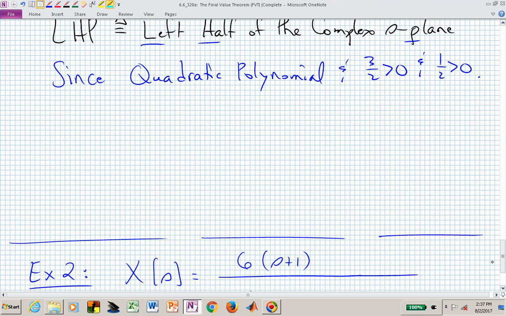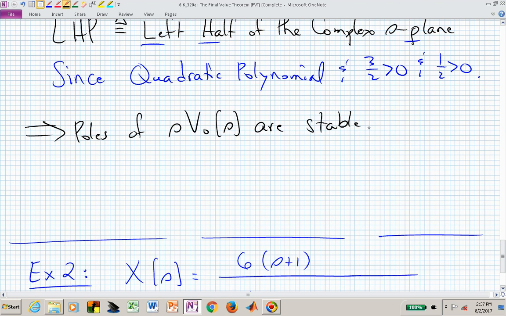So that means then that the poles of capital V sub 0 of s are stable, and stable means that it's in the strict left half plane, nothing on the imaginary axis.